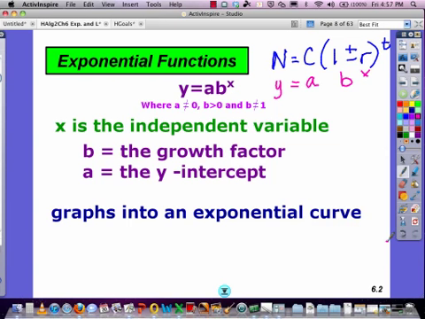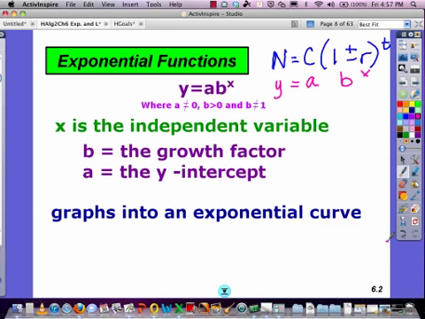We have up here also that a cannot be 0, because if a was 0, think about it, it would wipe out that whole equation. 0 times anything, gone. B is greater than 0. We said it has to be some exponent, and we're mostly going to be dealing with positive exponents, positive whole numbers actually. And we're also telling you B is not going to equal 1. So there will be some kind of change taking place, either growth or decay.